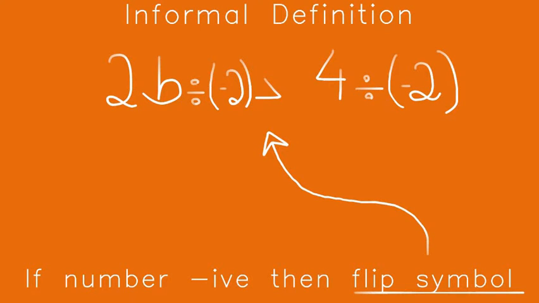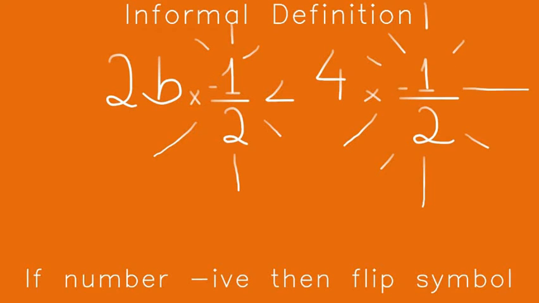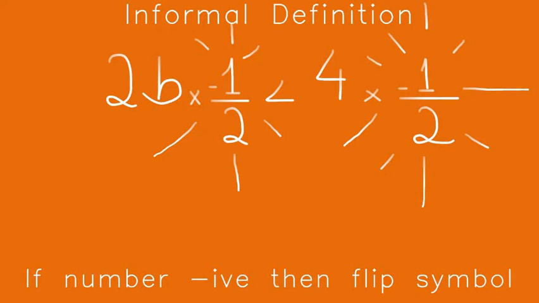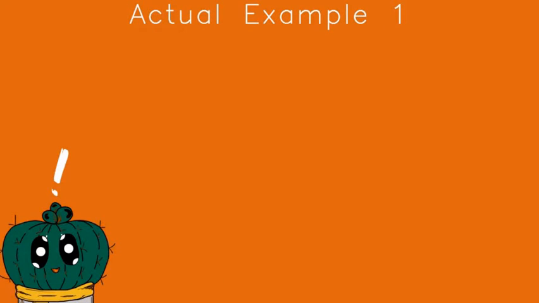For example, in this case, 2b divided by -2 is greater than 4 divided by -2, so just switch that symbol and turn it into a less than sign. Then the inequality holds true, and you can solve it in the normal way. Again, you convert the division into a multiplication, and division by -2 is equal to multiplication with -1 by 2.